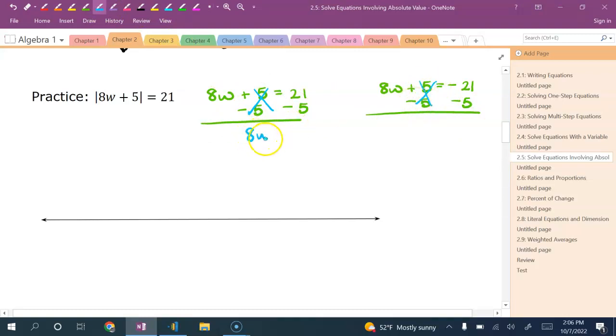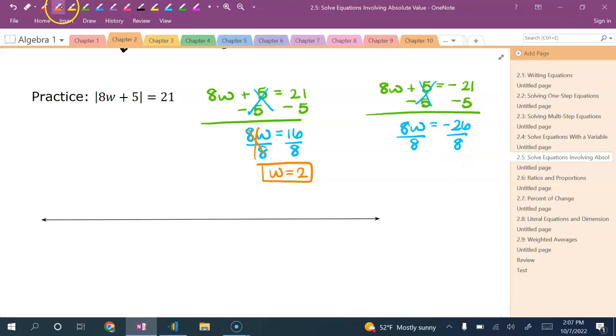So we have 8w equals 21 minus 5 would be 16, divided by 8 would be 2. On the other side, you have 8w equals -26.